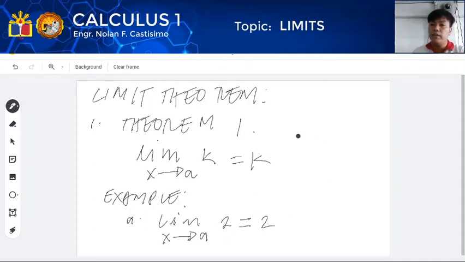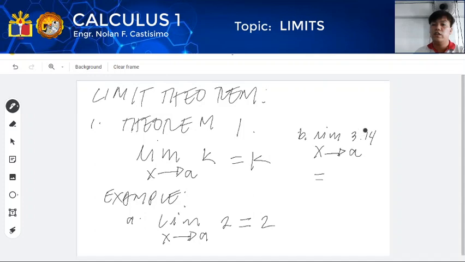Next, letter B example. Let's say we have the limit of 3.14 as x approaches to A. Ano magiging sagot natin dyan sa limit na yan?